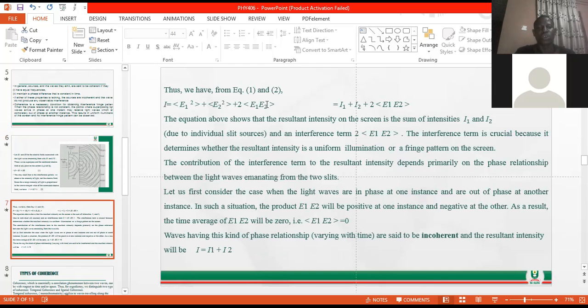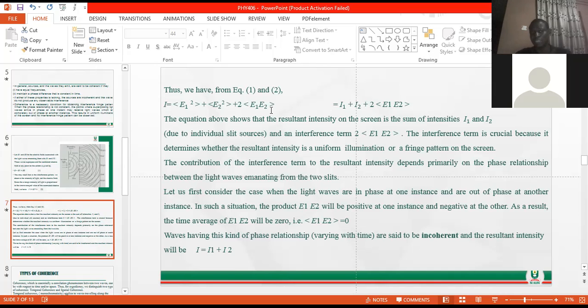Now, having said that I is proportional to E squared, we replace the values in E1 squared and E2 squared. So the intensity will now be I1, the intensity associated with slit 1, plus the intensity of slit 2, plus 2E1E2. These are just basic mathematics.